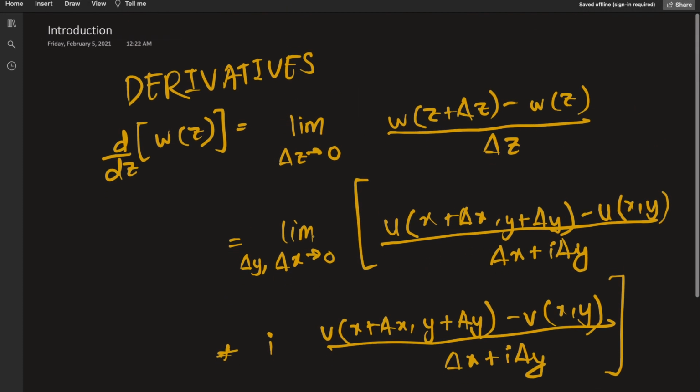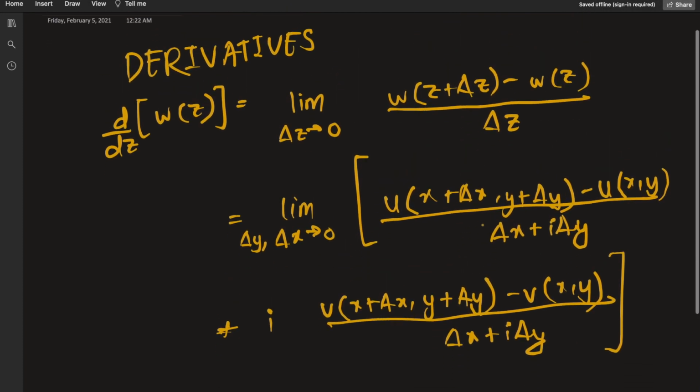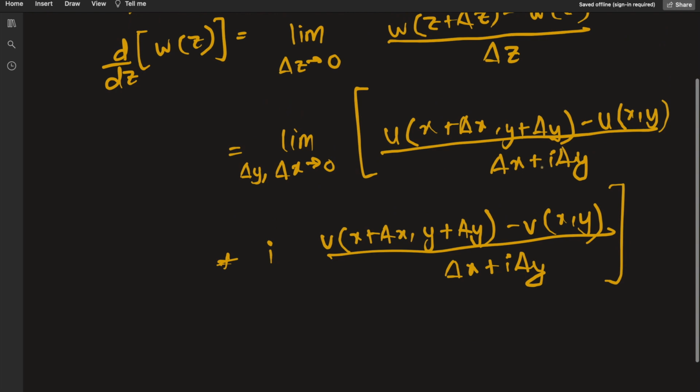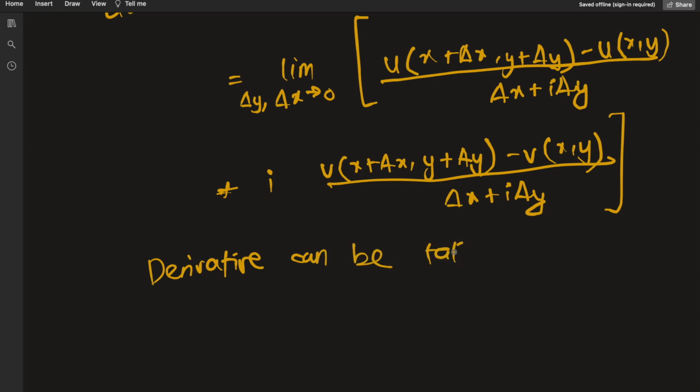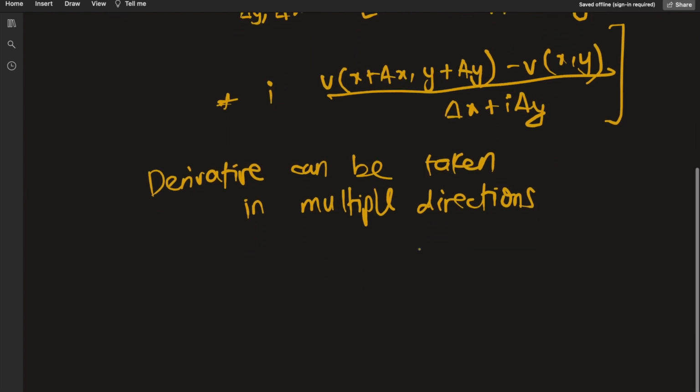Now there is one issue, however, because notice that u and v are multivariable functions. There's a problem when it comes to multivariable functions, because the derivative can be taken in multiple directions, because it's the direction of approach.